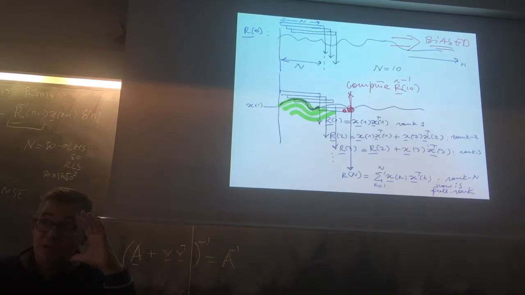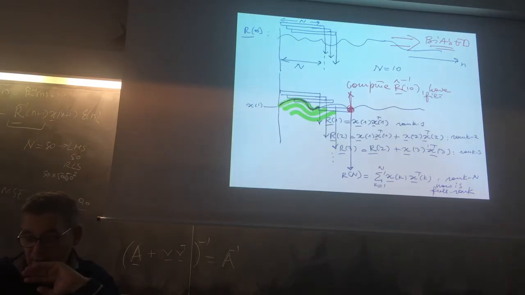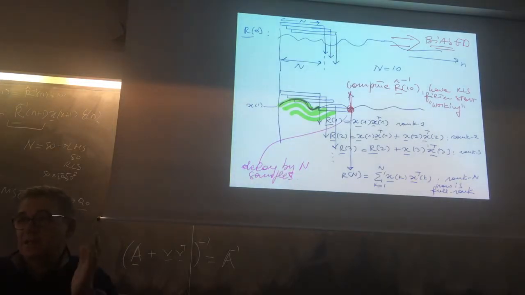So you compute R hat, and you have the filter start working. So you have a delay by n samples, which in this case I choose 10.